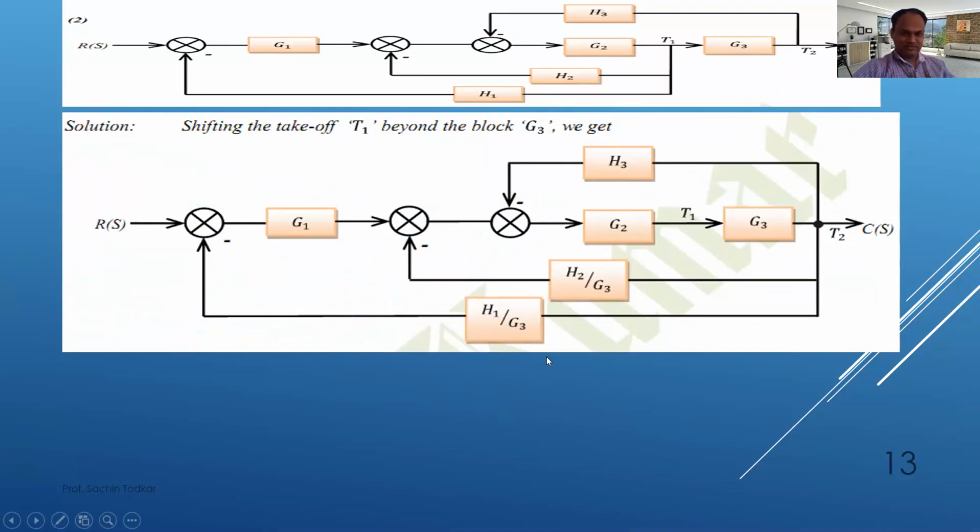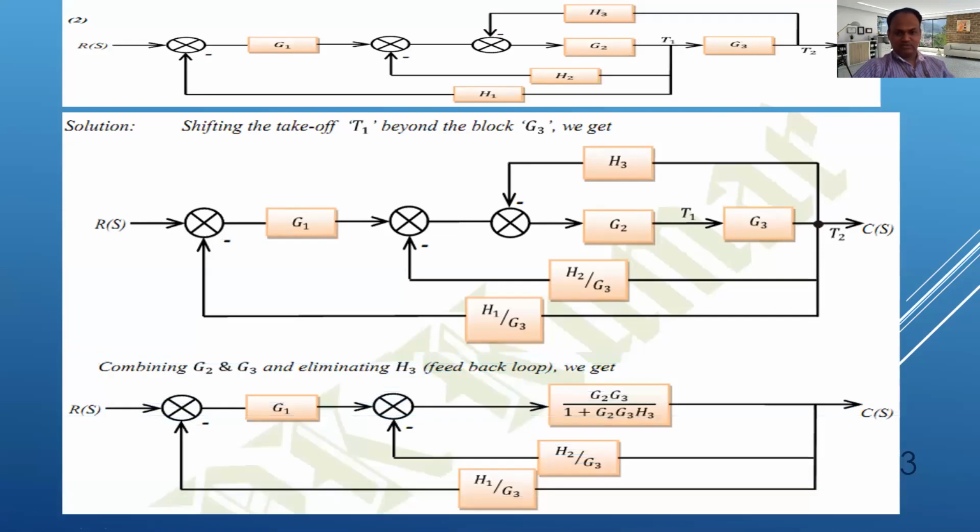This is the simplification of takeoff point formation, takeoff point shifting to right side. Now what we are going to do, G2 multiplied by G3. So G2, G3 will come here. Then we are going to find out the first feedback loop of G2, G3 and H3. So it will be looking like this.